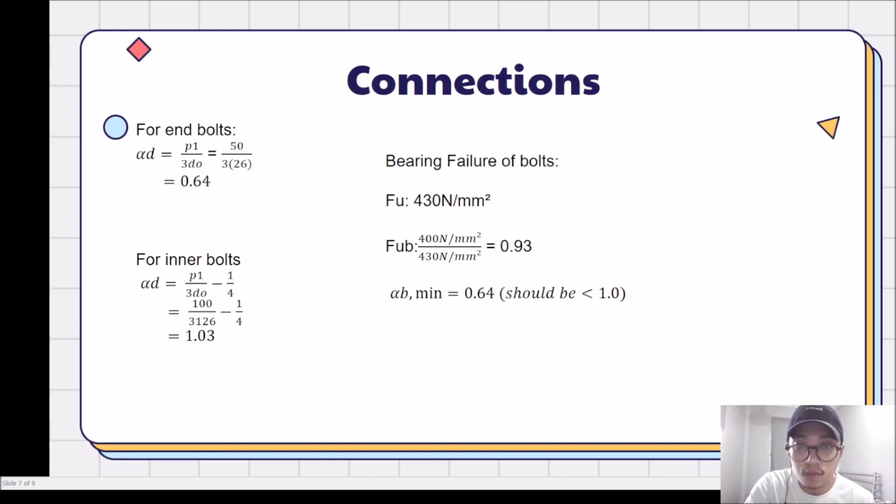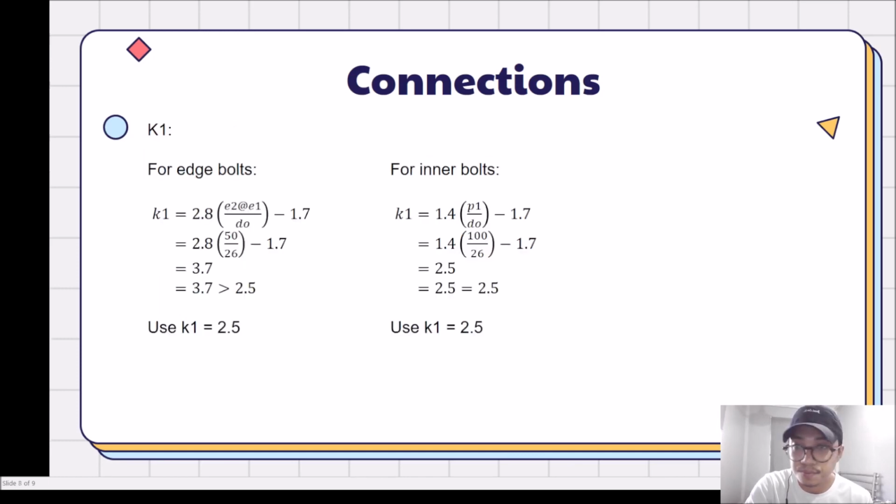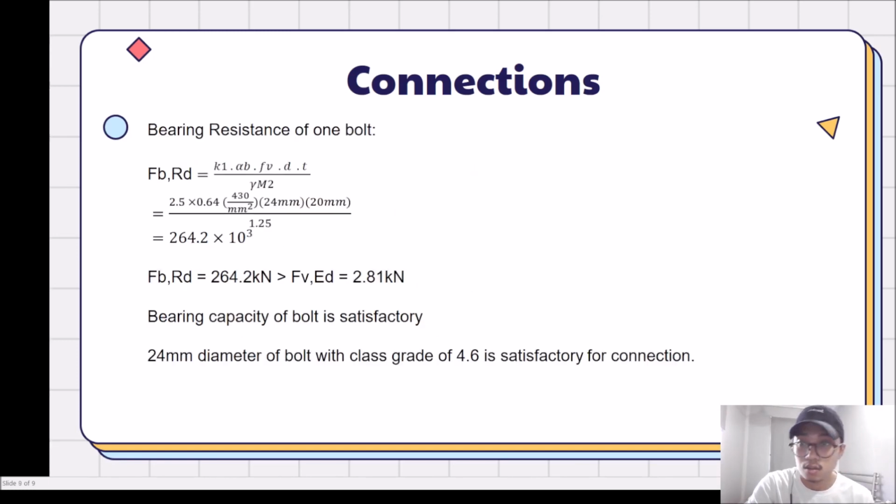Manakala fub adalah 400 Newton per millimeter square divided by 430 Newton per millimeter square, dan kita akan dapat 0.93. Okay, untuk k1 for edge bolts, k1 is equal to 2.8. Okay, k1 for edge bolts kita dapat 2.5. Kita dapat 7.77, tapi it is bigger than 2.5, so we must choose the smaller one, which is 2.5. For inner bolts pula kita dapat 2.5 k1 ni.